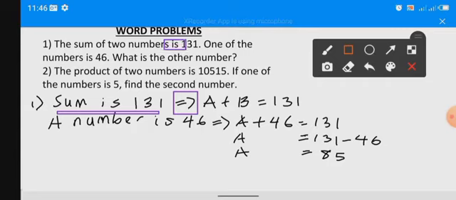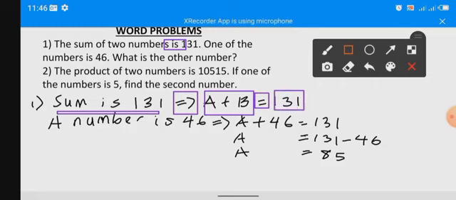So the sum of the two numbers a and b, you could represent with x and y, z, whatever alphabet you are comfortable with. So the sum of a and b is 131.